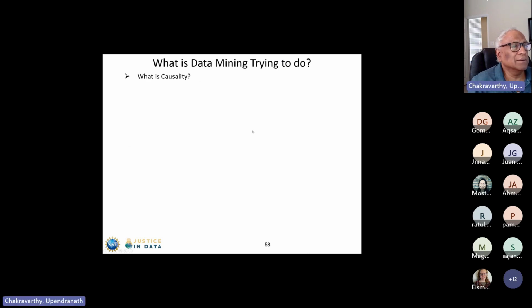So what is data mining trying to do? This is an important aspect that I want everyone to understand clearly, because we might have heard of this terminology separately. One is, what is causality? Everyone understands causality, right? It is something that makes something happen in the real world.